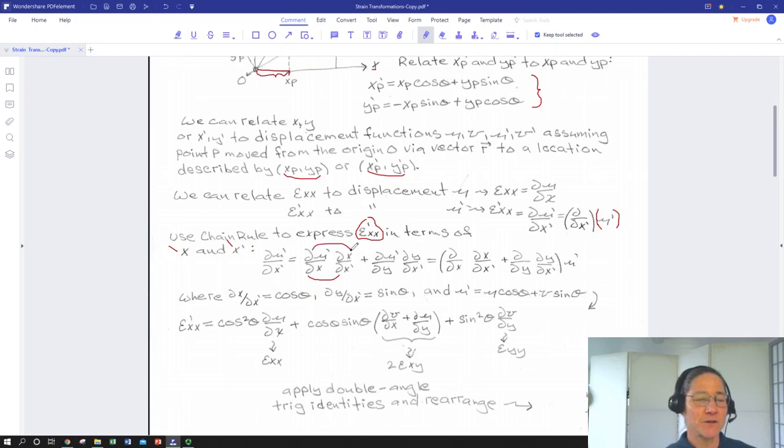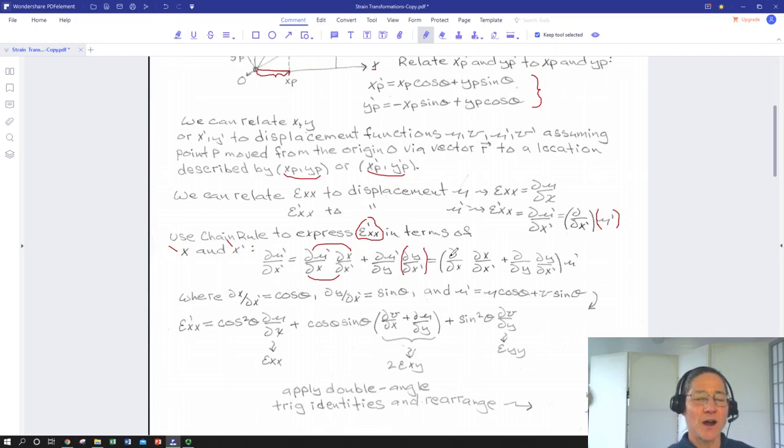So we have this term showing the x dependence, and then multiplying by our partial of x with respect to x prime, chain rule, which would give us our partial of u prime with respect to x prime. And then we have our second part of the chain rule showing that y dependence, and again multiplying by this term to get us back to everything in terms of x prime.